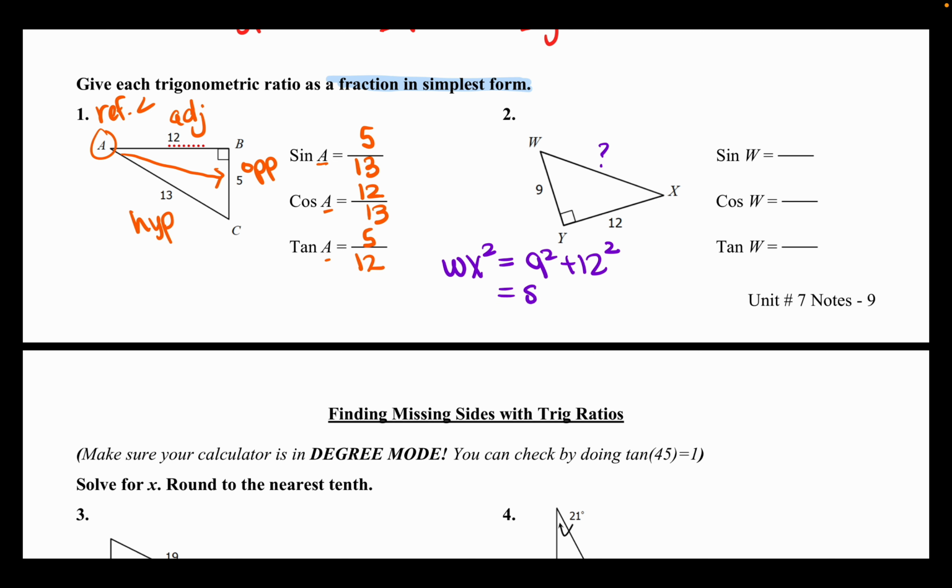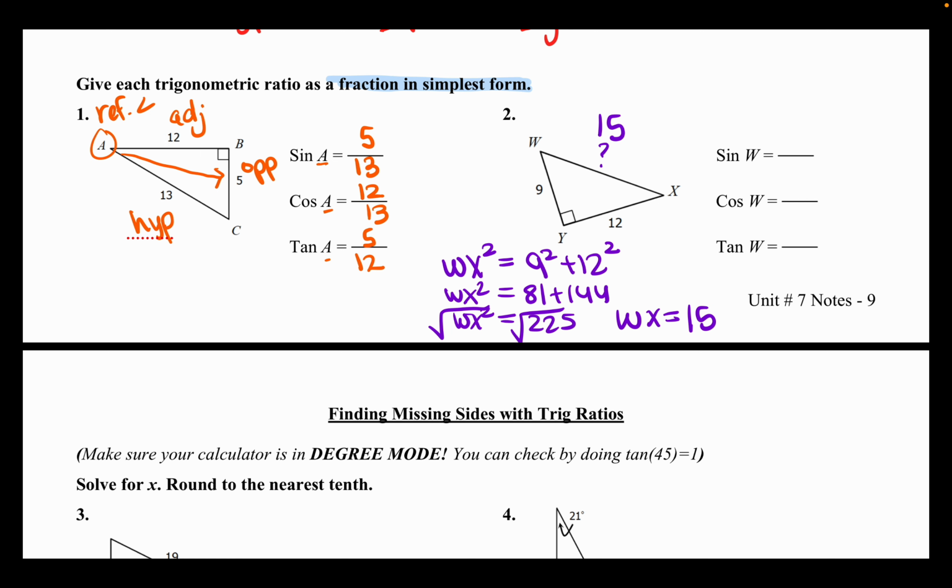So we get 81 plus 144, which is 225. Take the square root. So WX is 15, so that comes out really nice.